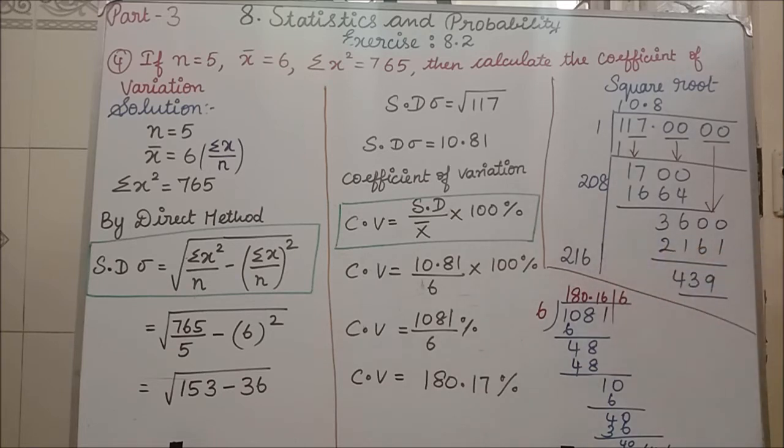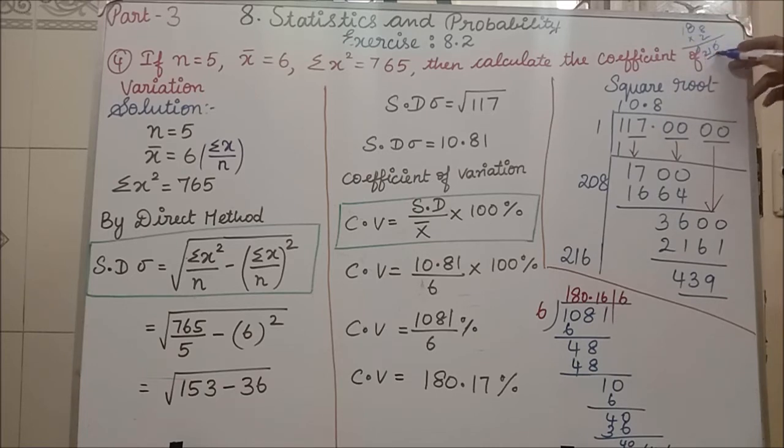Till now what I am having in the quotient is 10.8. You should not see the 10.8, you have to see 108. That full number you are going to multiply with 2. 108 into 2.